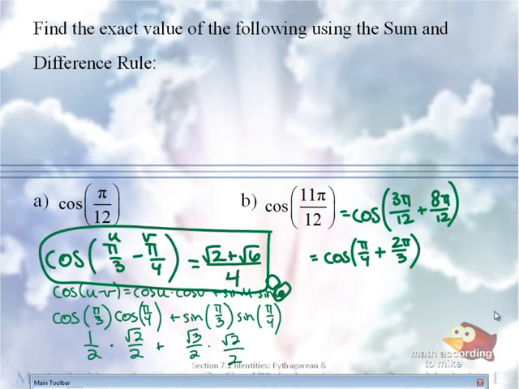So our u could be pi over 4, our v could be 2 pi over 3. It does not matter the order in which you pick these because addition is commutative. So if you pick the other way around, totally fine. So we'll be using the cosine of u plus v formula.